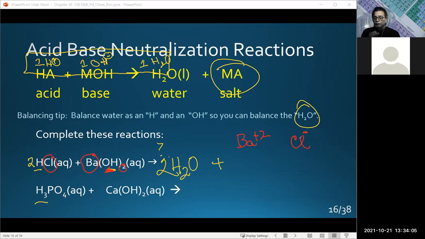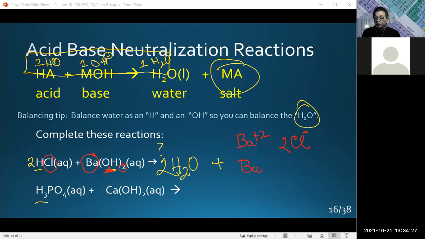And so we have 1 chloride. So now I'm going to put barium and the chloride together, and I need 2 chlorides to counter the +2 of the barium. So write the salts first in ionic form, just like we did before when writing the formulas, to make sure you put them together correctly with respect to their charges.